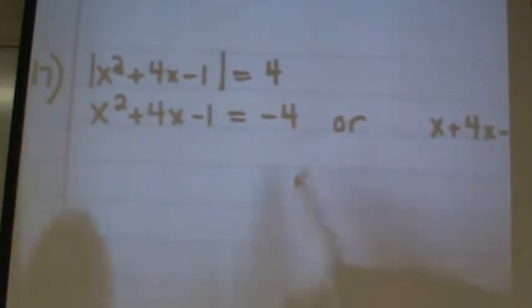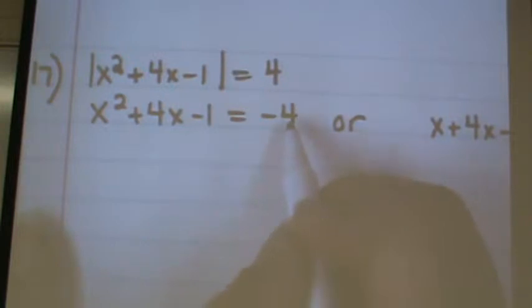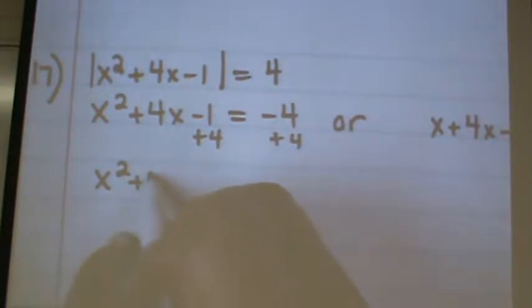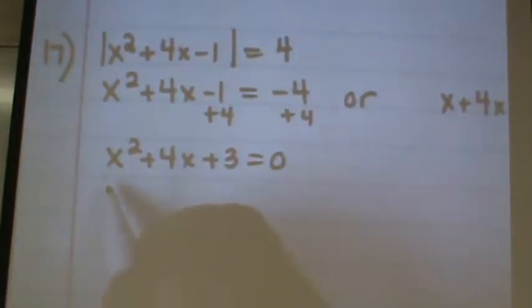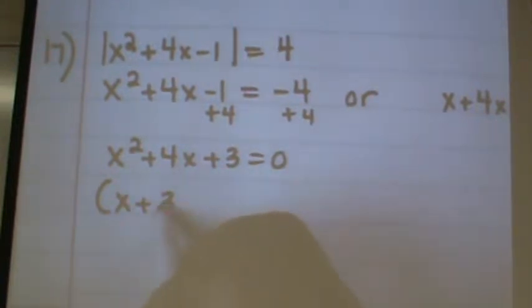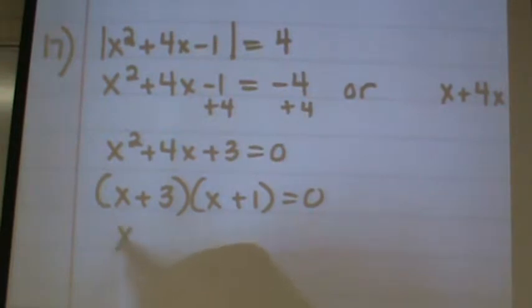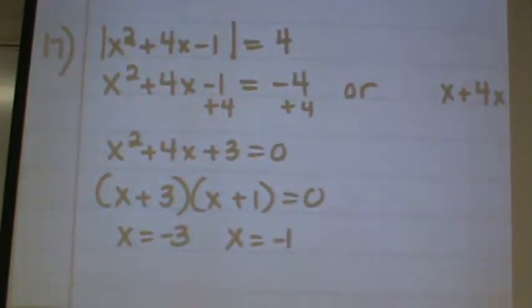On this side, I want a 0 on one side. So if I add 4, I get x squared plus 4x plus 3 equals 0. And when you factor this, you get a 3 and a 1. And your possible answers are negative 3 and negative 1.